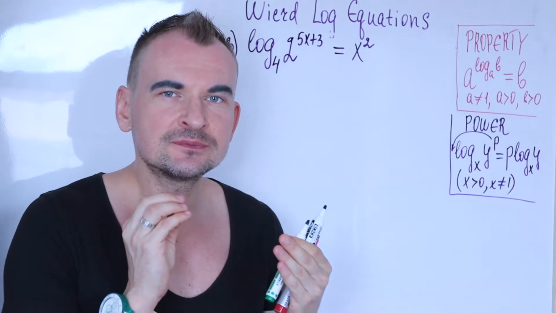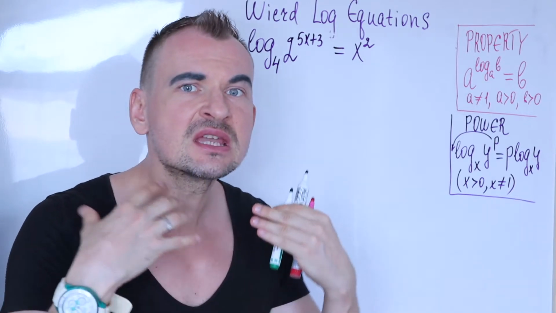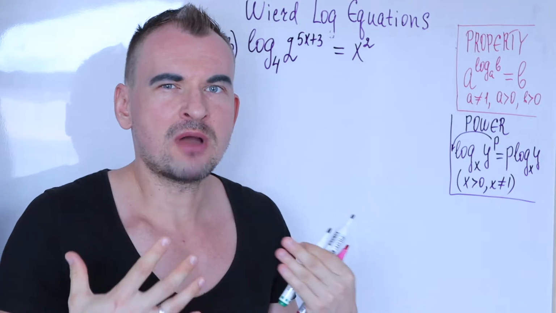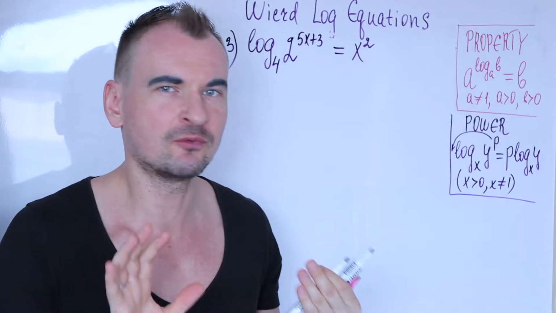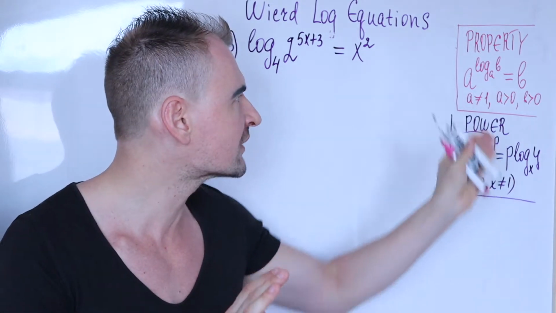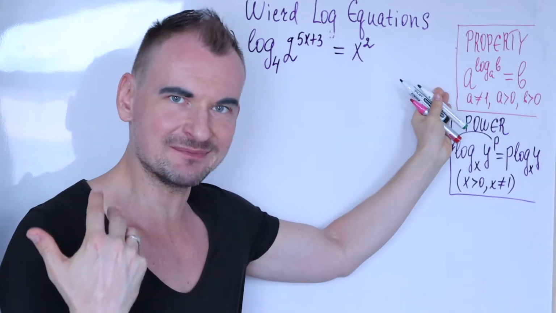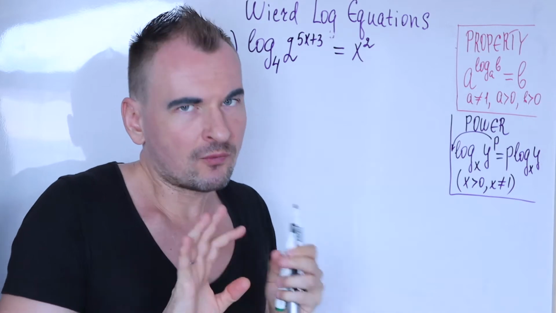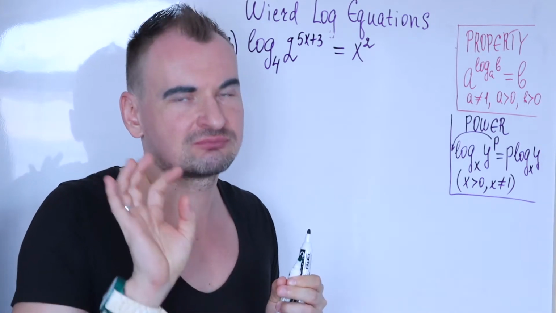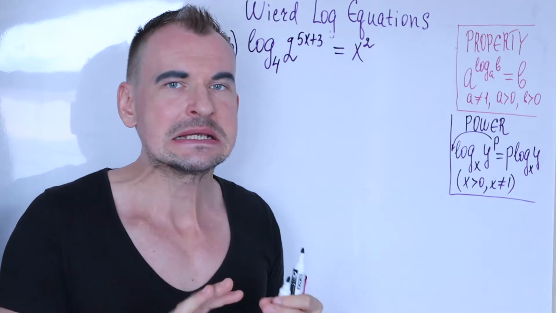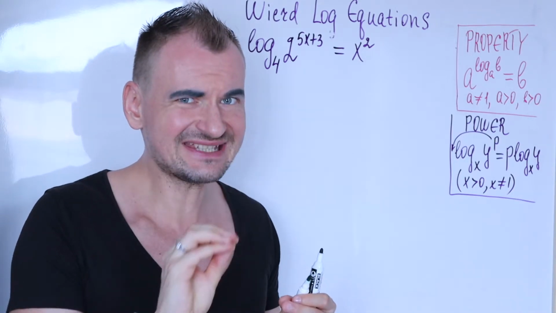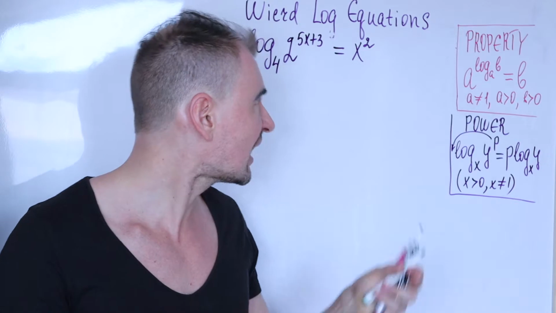You want to turn your equation into an algebraic form. You want to get rid of logs by using properties, something like what I did before. Or for other types, you could jump into my other log videos. I have a couple, with that explanation.